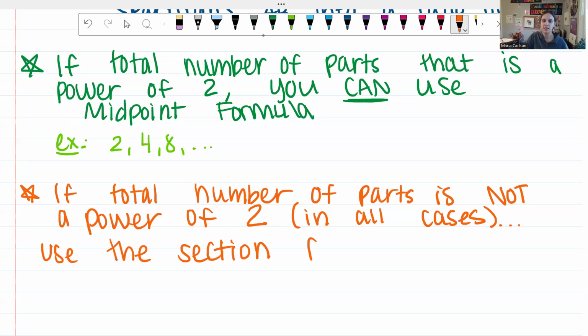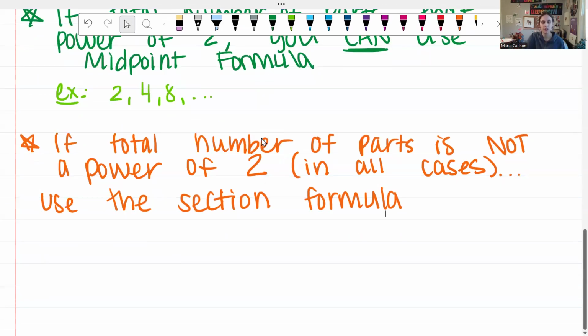So the rule says if you do not have a power of 2, then use the section formula. It actually works in every case, even if you have a power of 2, just sometimes the midpoint formula might be a little bit quicker. So what is the section formula?